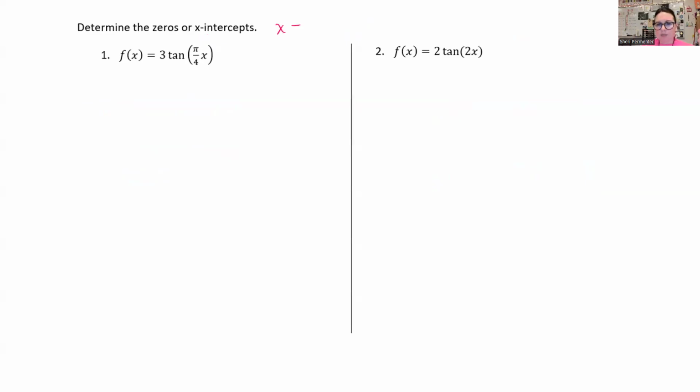So our x-intercepts are equal to pi n over b. So we have to know what our b is. That's my b. The b is always what's in front of the parentheses.